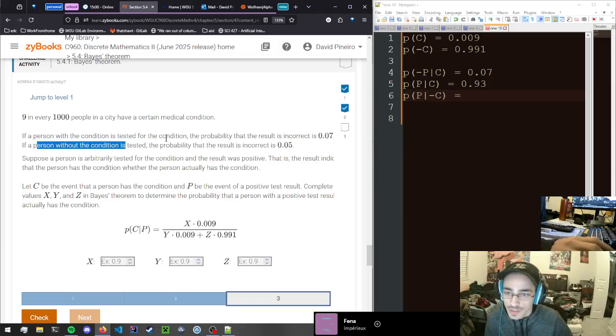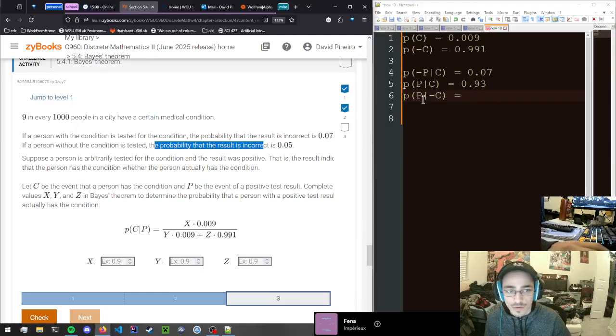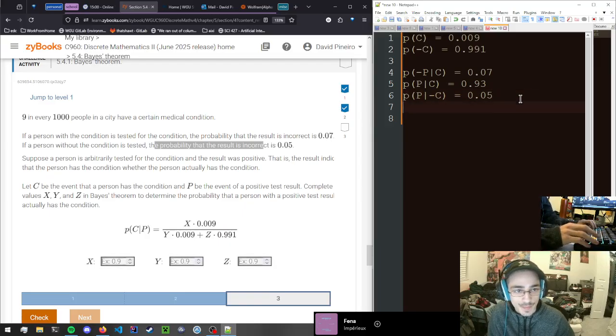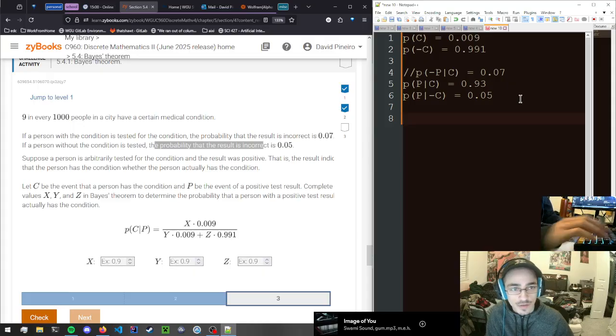So if the person with the condition is tested, it should return positive, but they're saying that it will return incorrectly. Okay, and you can infer the correct rate. And then for without the condition, the probability that is incorrect is this. So this is good because this is the incorrect probability, given it returns positive even though you don't have it. So let's mark this as a comment, I guess. I'm not going to use it.